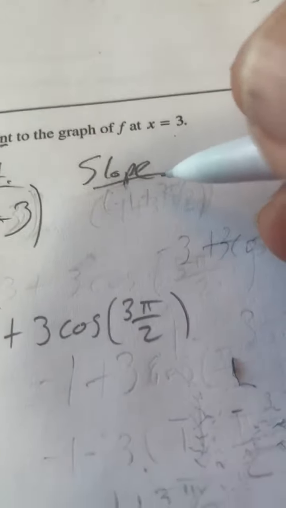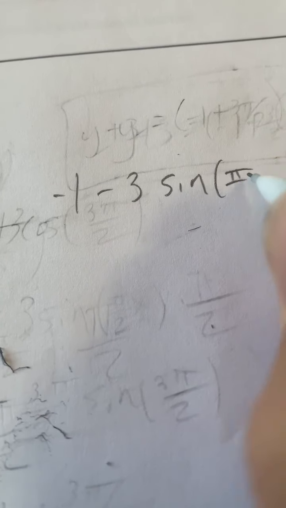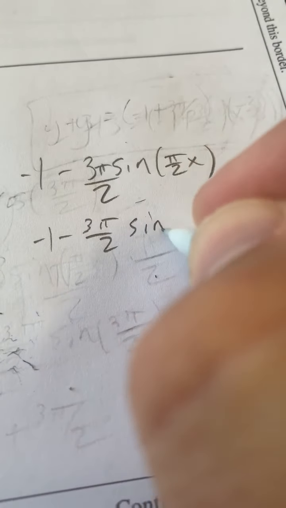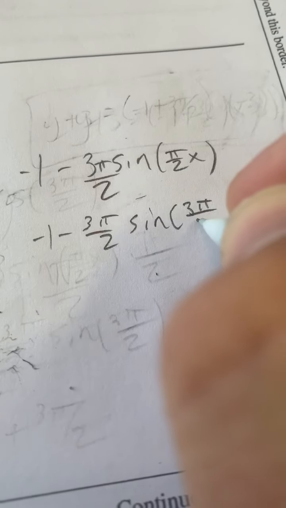The slope, I have to take the derivative at 3, so I'm going to take the derivative of this guy right here, so I get negative 1 minus 3 sine, I think of pi x over 2 as pi over 2x, times pi over 2. So I'll put that right there. I plug a 3 into there, I get negative 1 minus 3 pi over 2 times sine of 3 pi over 2.